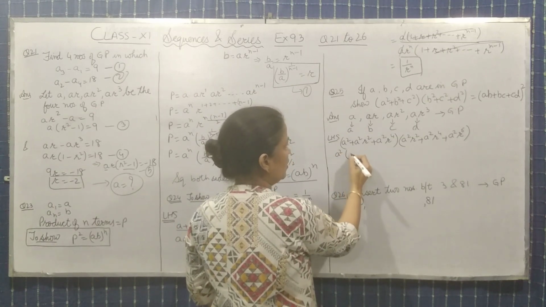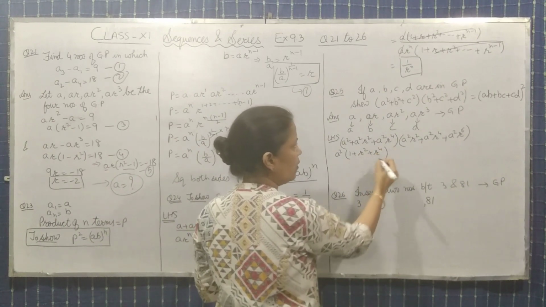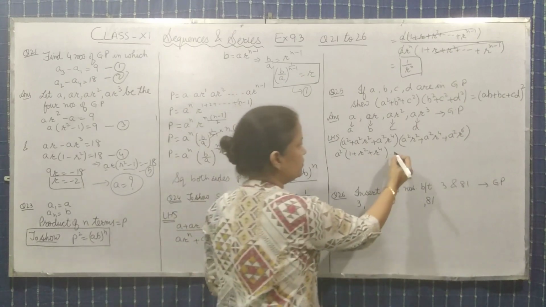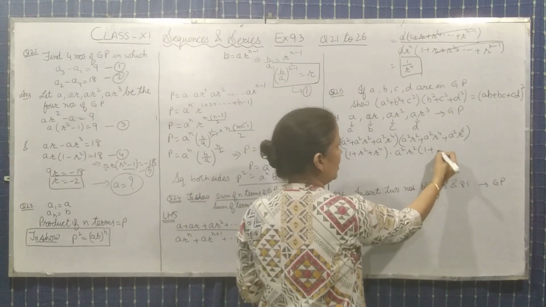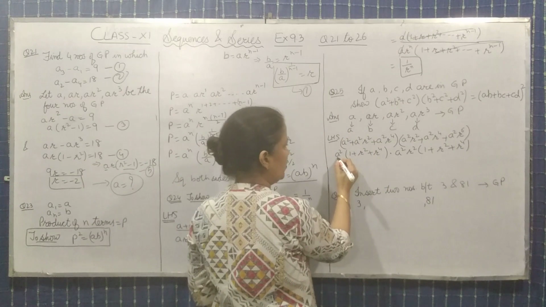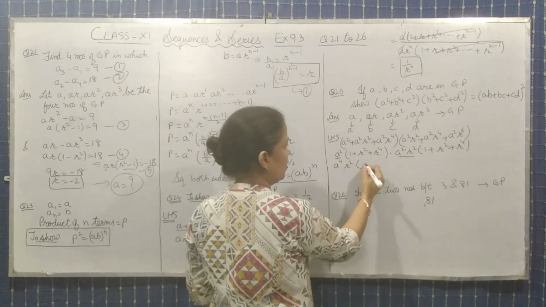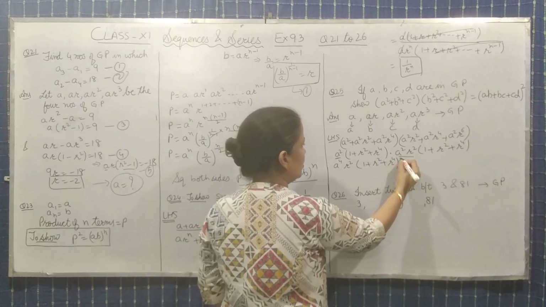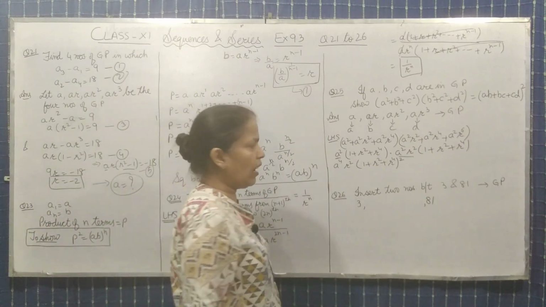A square is common, so the left out is 1 plus R square plus R power 4. And what is common from the other? A square R square is common, with 1 plus R square plus R power 4. So if you combine this and this, it becomes A power 4 R square times (1 plus R square plus R power 4) whole square. Isn't it? This is LHS.